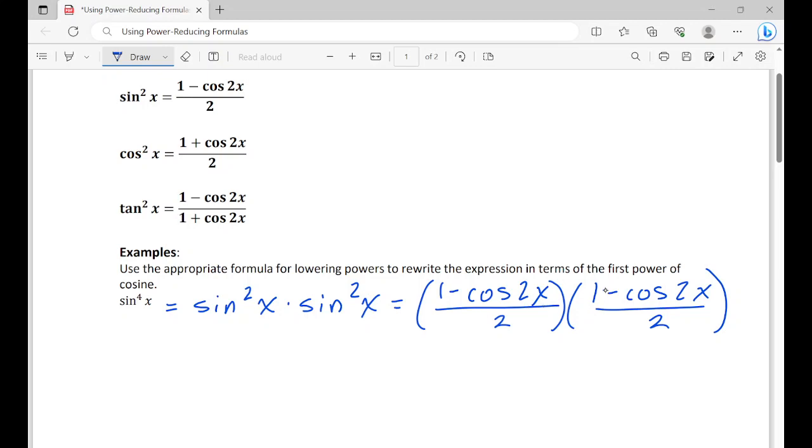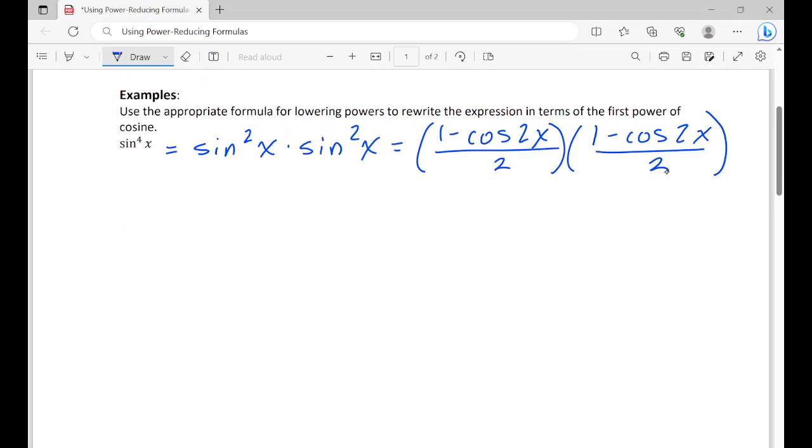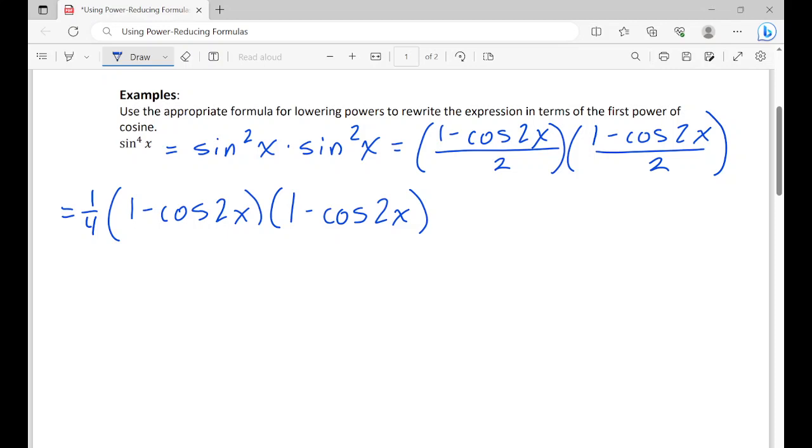Now I have this, I need to multiply it, but it might be easier to get rid of the fractions first. So I'm going to multiply these two 2's, and I'm going to get a 4. But since they're both in the bottom, it's going to be a fourth. So I'm going to take a 1/4 out, and I'm going to be left with 1 minus cosine 2x, 1 minus cosine 2x.